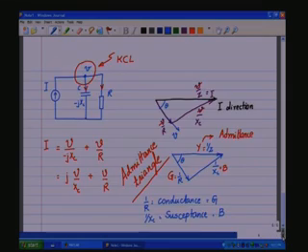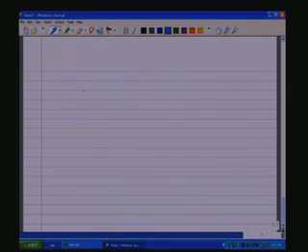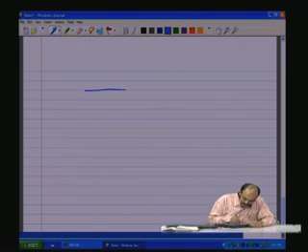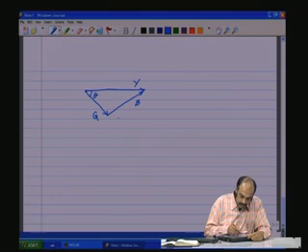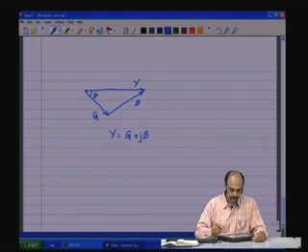Now, in the admittance triangle, we have Y, we have G, and we have B. This is theta, and Y is equal to G plus j B.